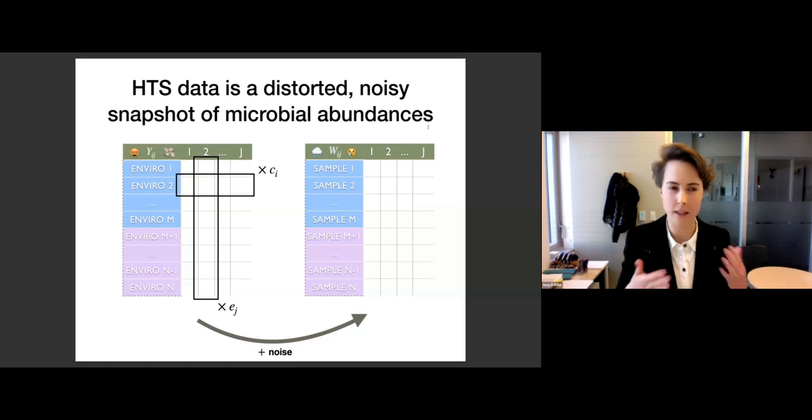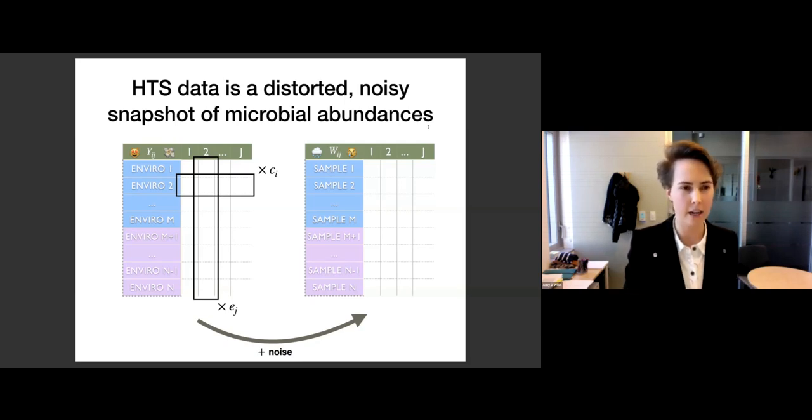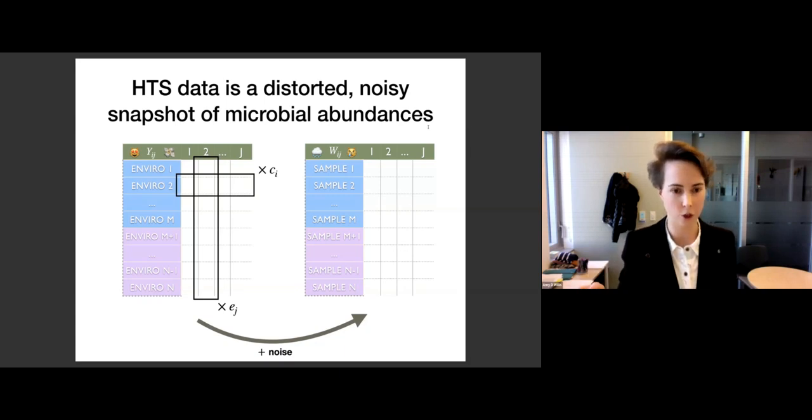Furthermore, and this is something that I think hasn't really been connected with statistical analysis of microbiome data, not all of our microbial categories are equally easy to detect. In addition to these varying sample-specific intensities, we also have these detection effects associated with each of our different biological units.